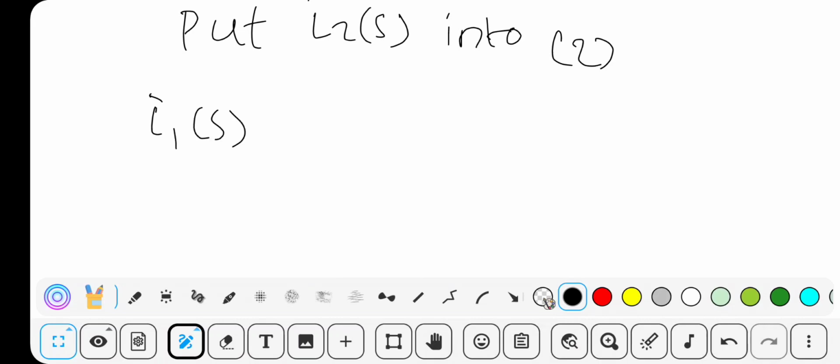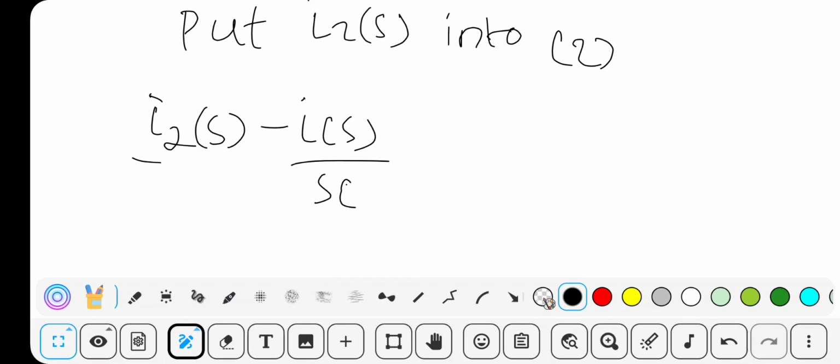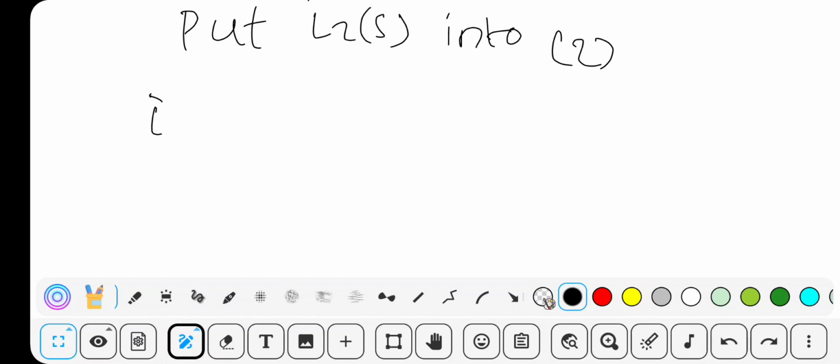I1 of S, so this will be I2 of S minus I1 of S over SC plus LS, this will be I1 of S over SC, which is equal to minus, what am I writing?